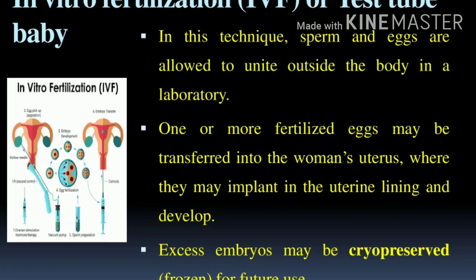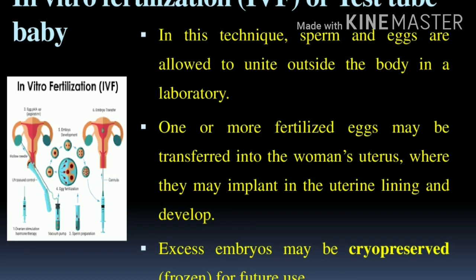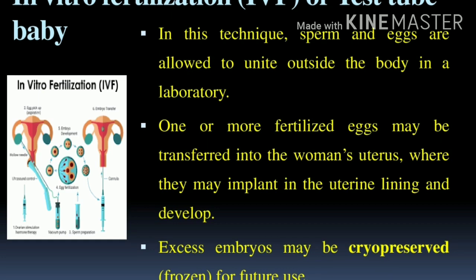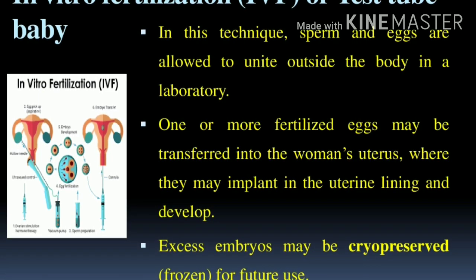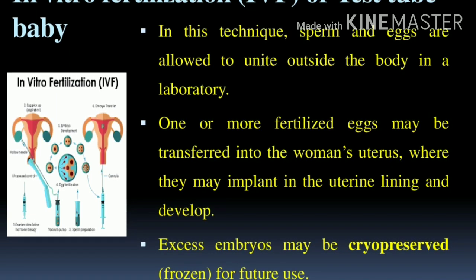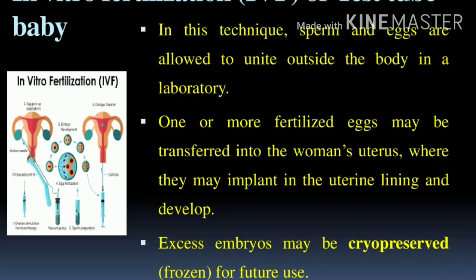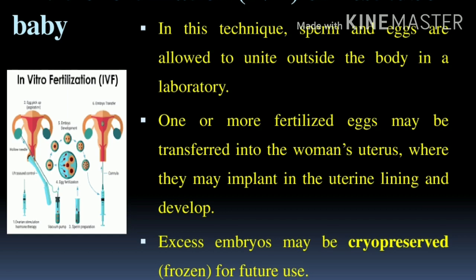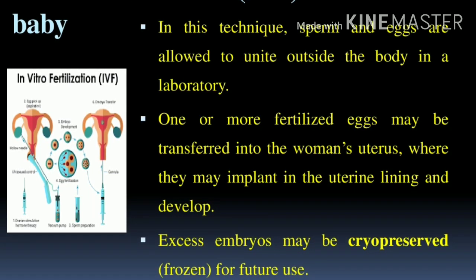Can you understand the meaning of IVF? IVF is fertilization done in laboratory conditions. What is the meaning of fertilization? It is the fusing of sperm and egg cells, outside the body in laboratory conditions. We obtain many fertilized eggs, and only one or more fertilized eggs are transferred into the woman's uterus.